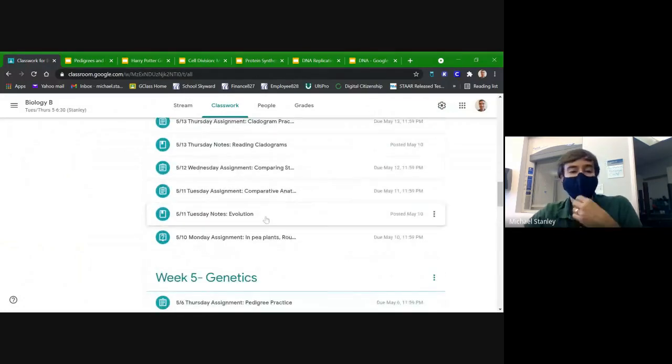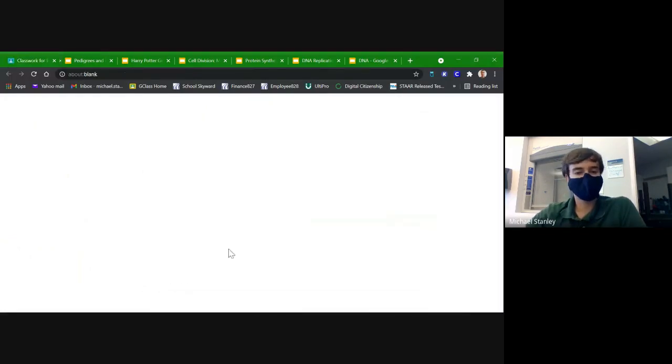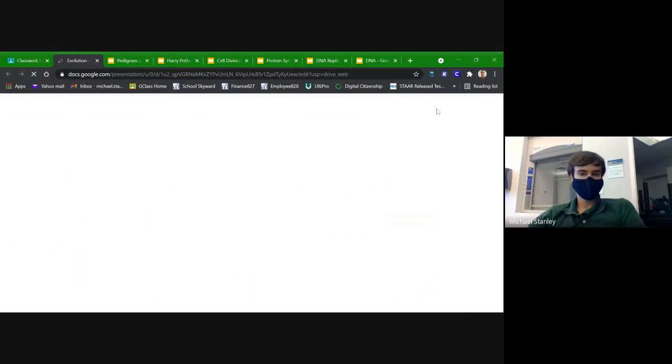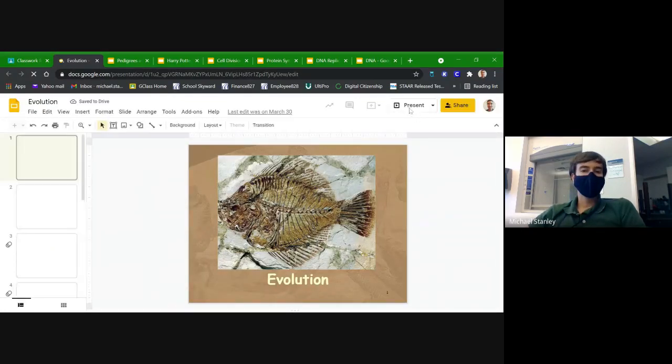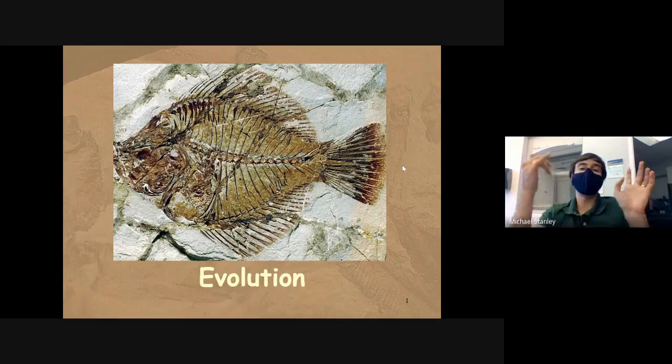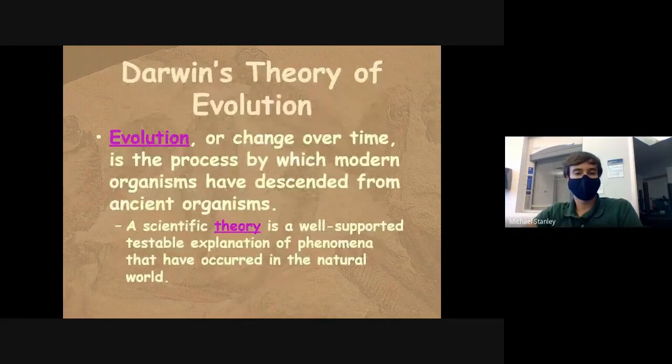And then in week 6, we talked about evolution and cladograms. So with evolution, we talked about a couple different things, namely evidence from fossils and evidence from homologous structures.